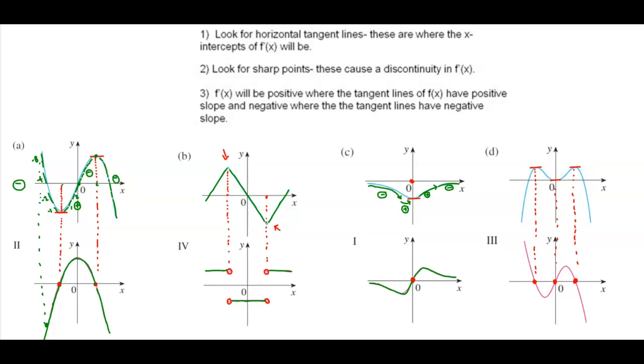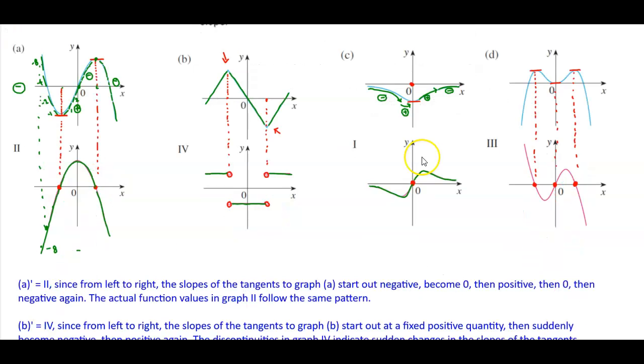Okay, and so now we need to take a look at the slopes. So from the slopes here, you can see what's happening with this slope. Well, you can see that the slopes are increasing. It's positive until it gets to that slope of 0. So here are positive slopes, and then it gets to a slope of 0.